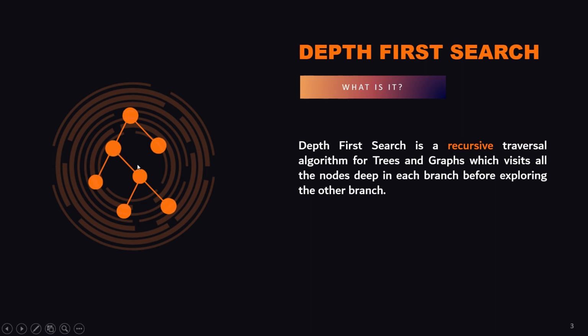Then the middle element will allow another recursive function to take place and to explore the rightmost part of the entire tree. And then again, this way it goes till the depth of a tree, prints the element, and then returns back to its caller function. So this is what depth first search is all about.